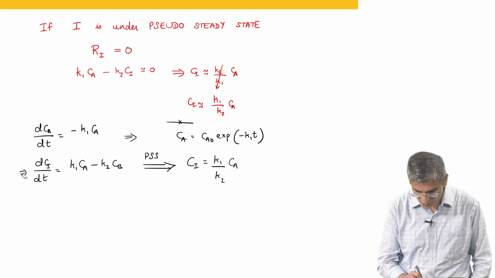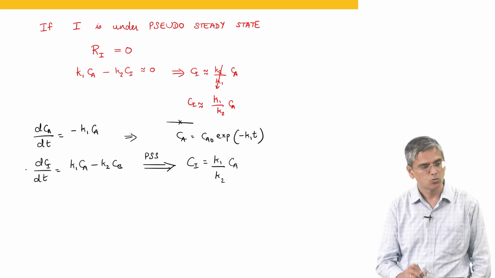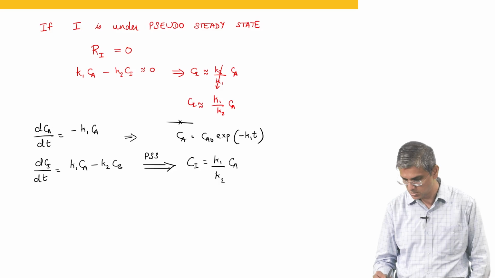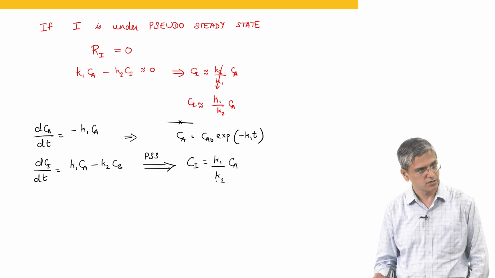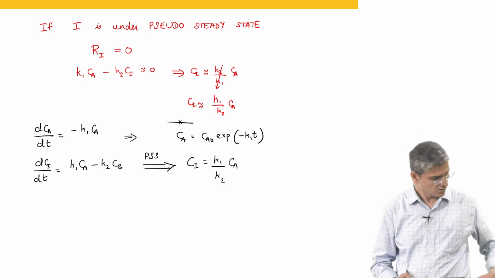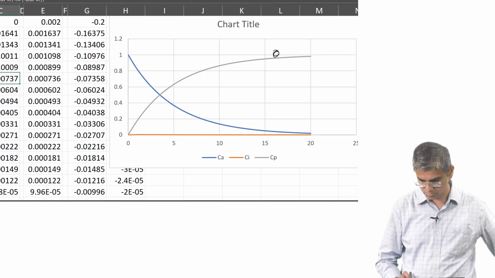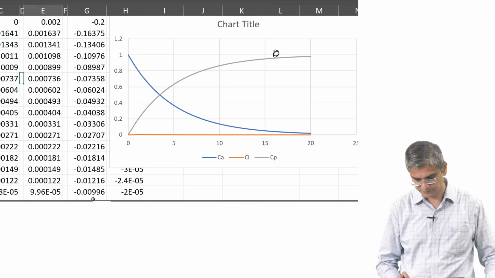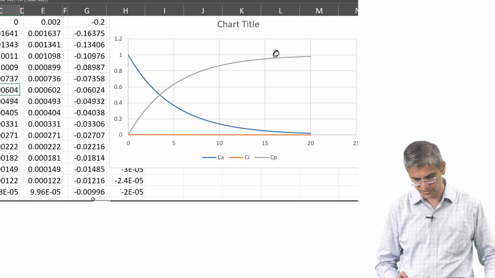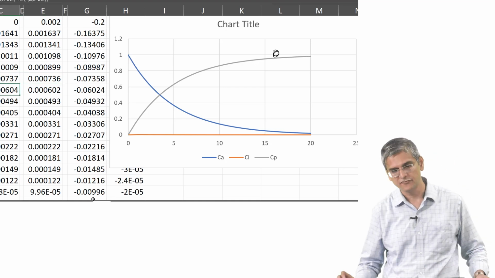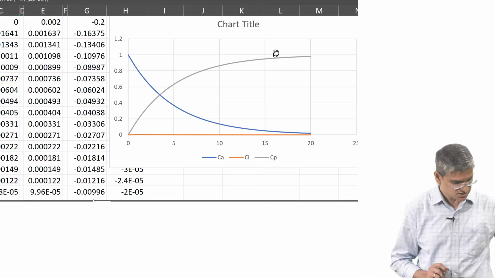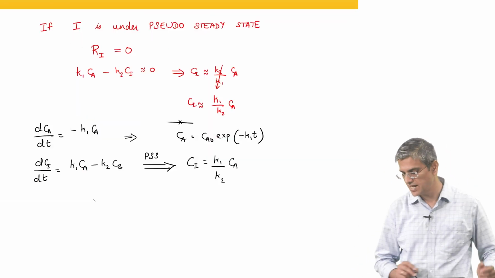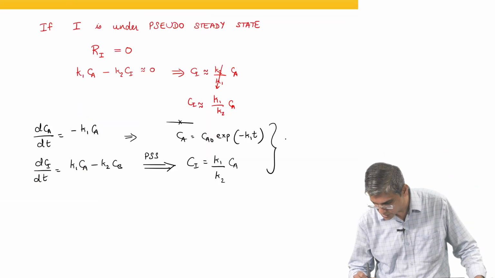So, instead of solving the second ODE, what does PSS allow you to do? Replace ODE solving with just a simple algebraic equation solving. What do you lose? Hardly anything, right. Your CA remains the same, your CI you have not lost much.